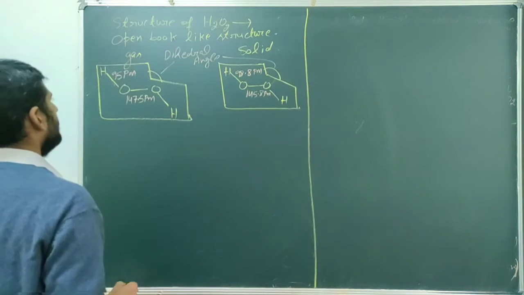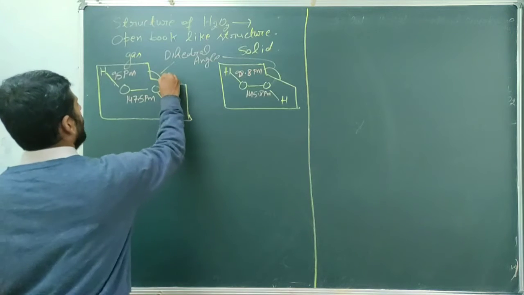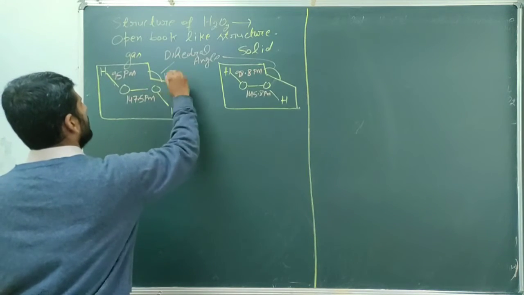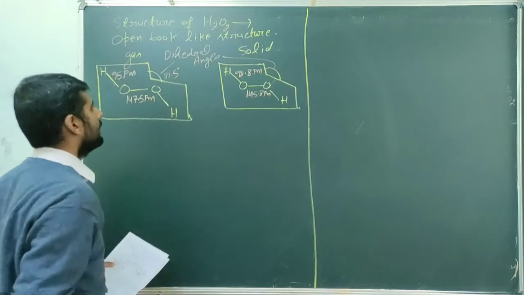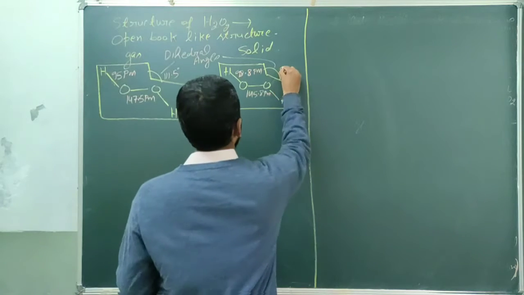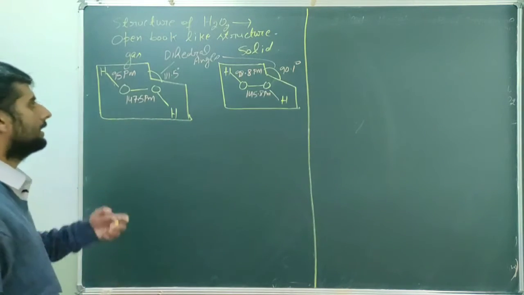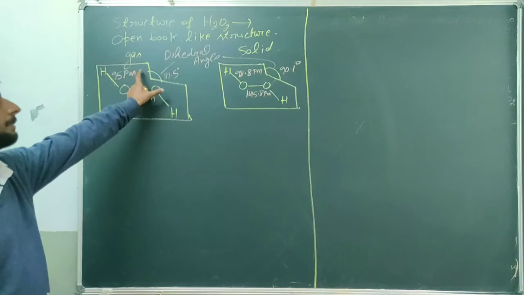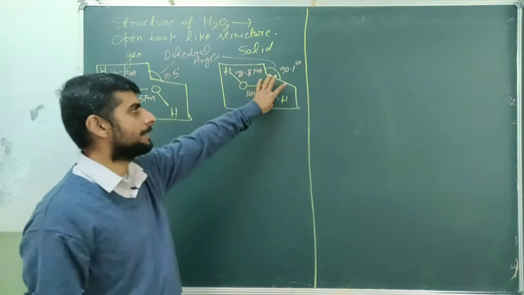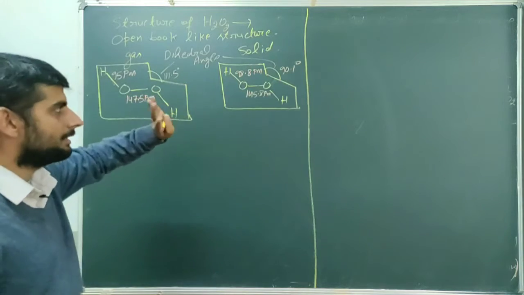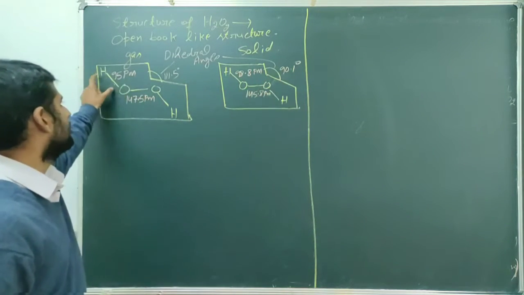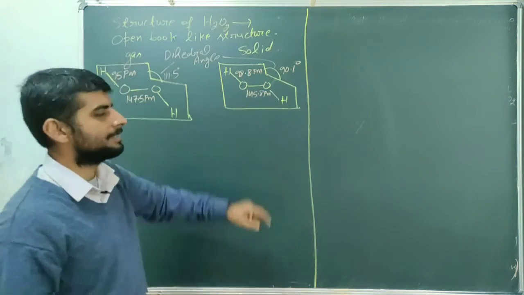Okay, and this is 111.5 degree, and this is 90.1 degree approximately. This angle is a little bit large, and this angle is a little bit small. These are the dihedral angles, and in the lengths some differences are there.